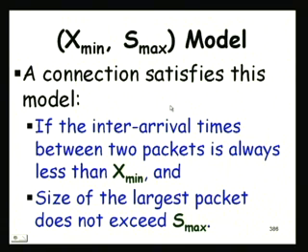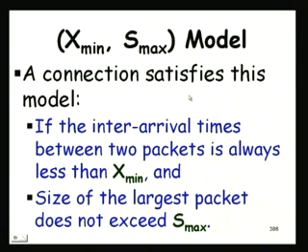If we look at the packet arrival and the size, the data that is getting generated per unit time is less than Smax in every Xmean time, right. The data that is getting generated is less than or equal to Smax every Xmean time, so we are actually limiting the average data transmission. The Xmean Smax model is actually limiting the average data transmission.